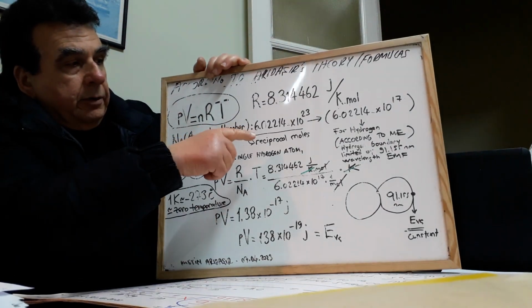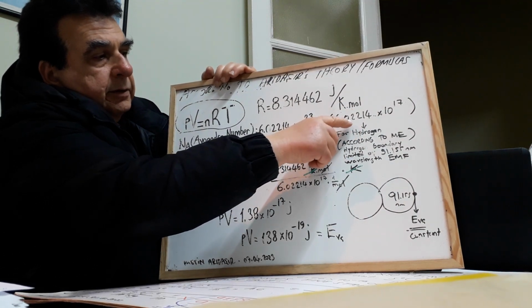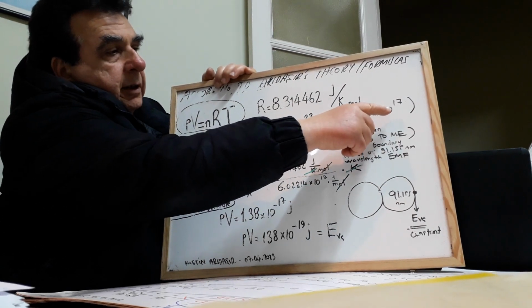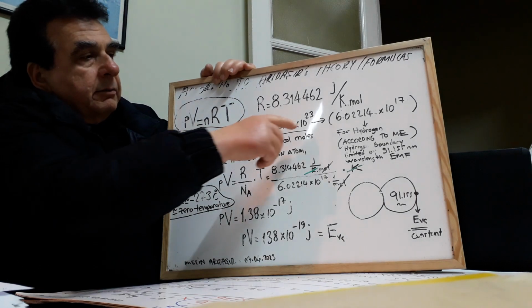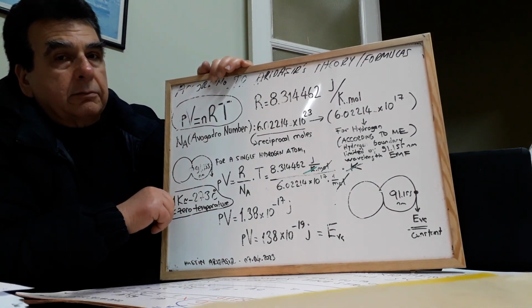But Avogadro number may be 6.022 10 to the 17, may not be 10 to the 23. Discussion.